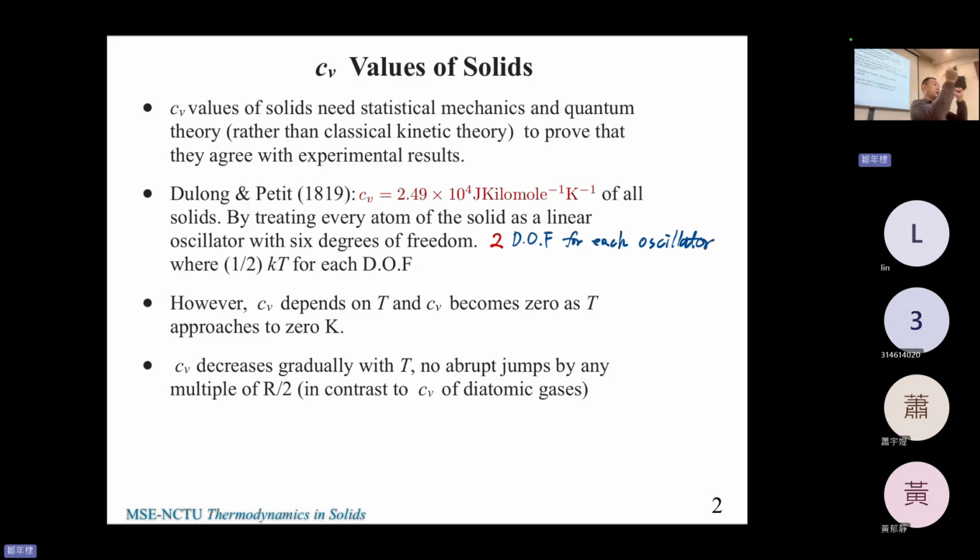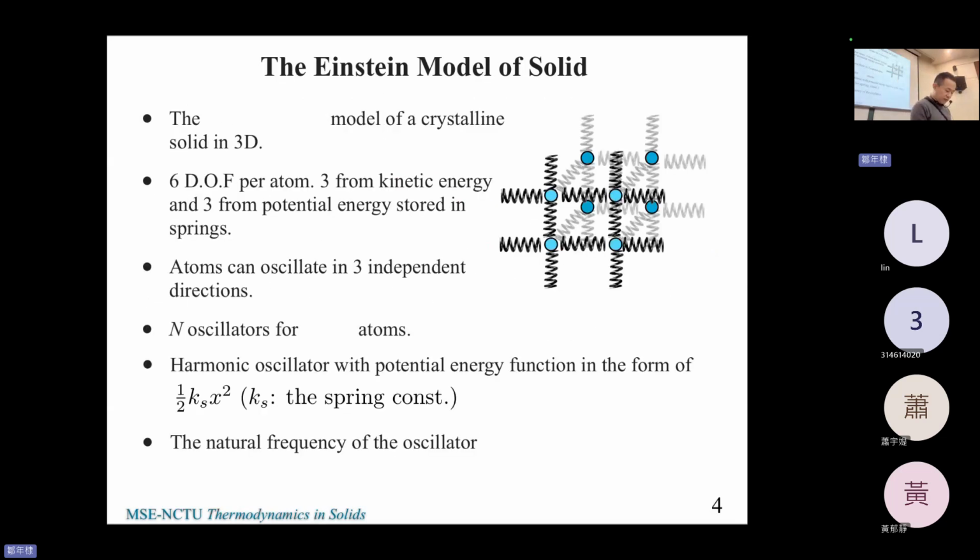So you have an oscillator. You can imagine atoms, and atom and atom have the bonding. The bonding can be treated as an oscillator. So each oscillator has 2 degrees of freedom. If you have one atom, you will have frontward, backward, left and right, and up and down.